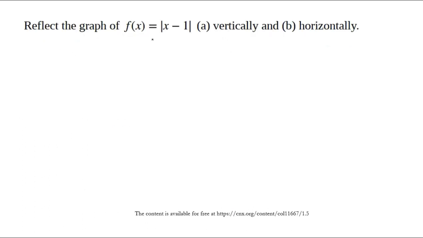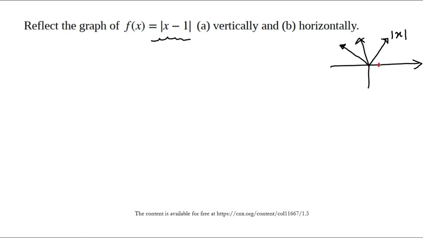Reflect the graph f of x, absolute value of x minus 1, vertically and horizontally. So let's graph absolute value of x first. So this is absolute value of x. We want to graph absolute value of x minus 1. So we need to shift this 1 unit toward the right.